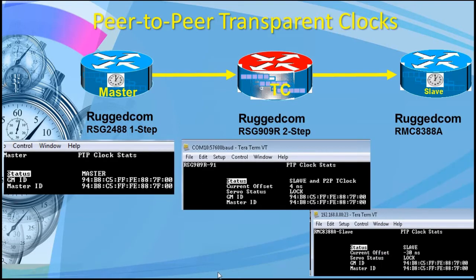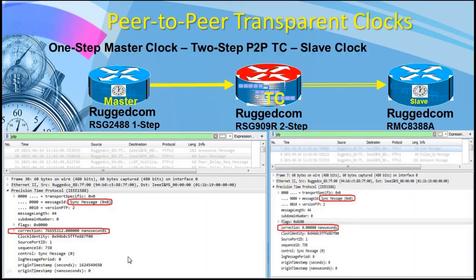After configuration finished, we can check the clock status. This one is running as master, that one is running as transparent clock, and the third device is running as slave. The offset is -30 nanoseconds, which means it is synchronized with the master clock. Next, we capture PTP messages on the ingress port and the egress port of the transparent clock.